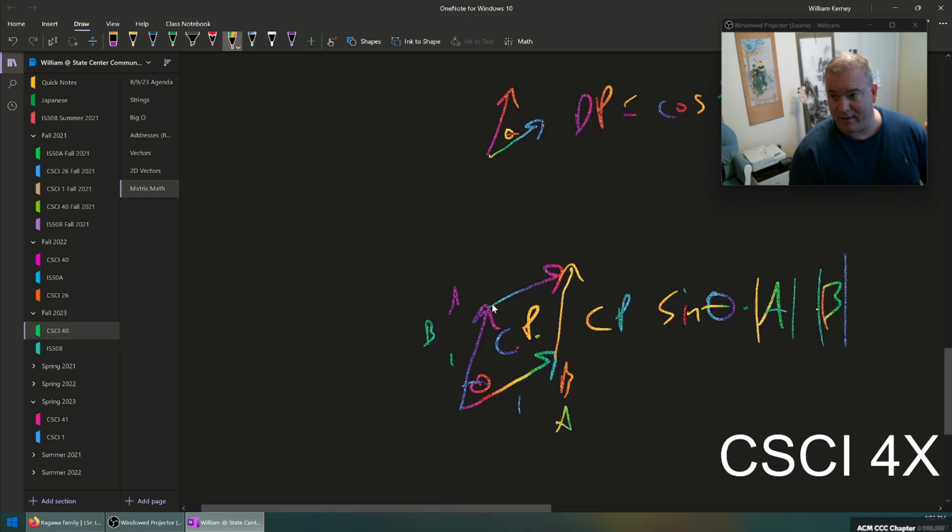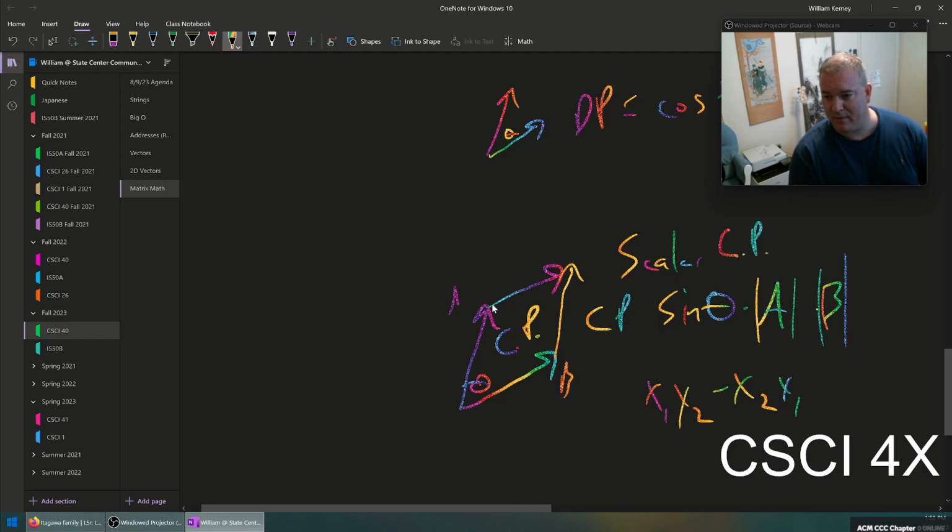That's going to give you the area of this parallelogram. That's why we normalize a lot of times, because all we care about is the sign. The equation for this, in 2D space at least, is x1 y2 minus x2 y1. That's the scalar cross product, which means it gives you a single number.